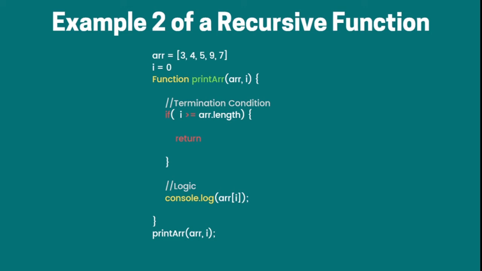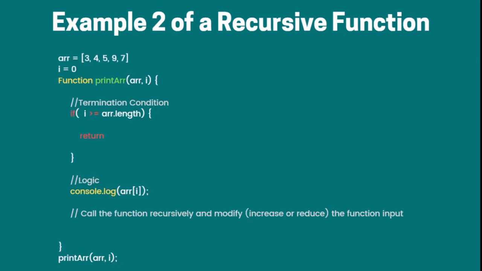So this is going to start from 0, and we know index starts from 0. So 0 index would be 3, 1 index would be 4, 2 index would be 5, 3 index would be 9, and then 4 index would be 7. So this is the logic part. This is why we created this function. This is what we want the recursive function to do.